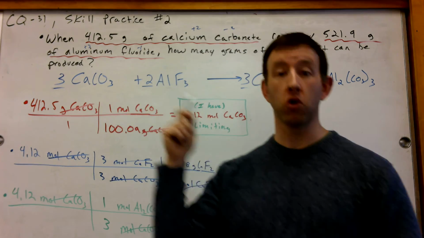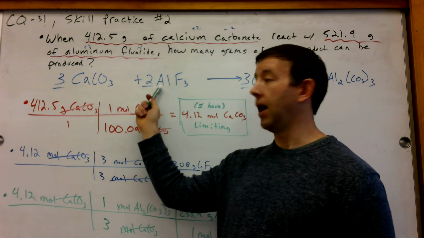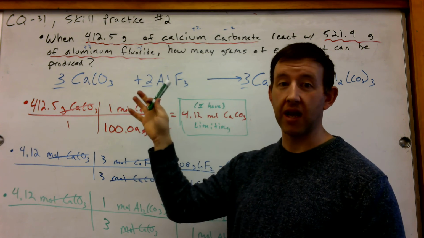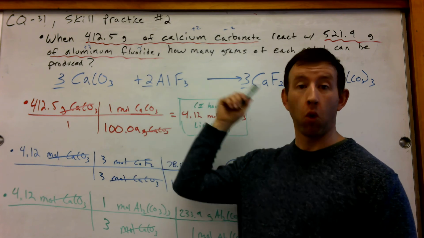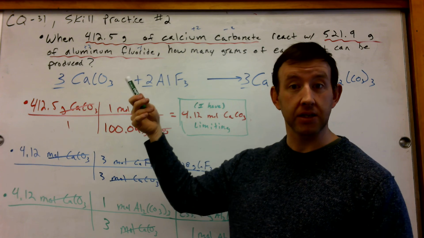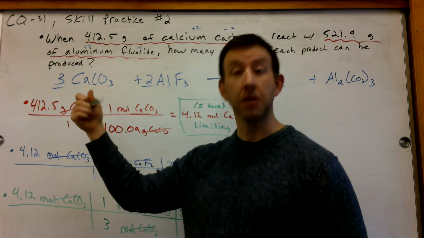Once we know how many moles we have, we compare the amounts of moles using the mole ratio. If we match that mole ratio exactly, essentially they're both limiting. If one of them is more than it needs to be, that one becomes the excess, which makes the one that is not excess the limiting reactant.